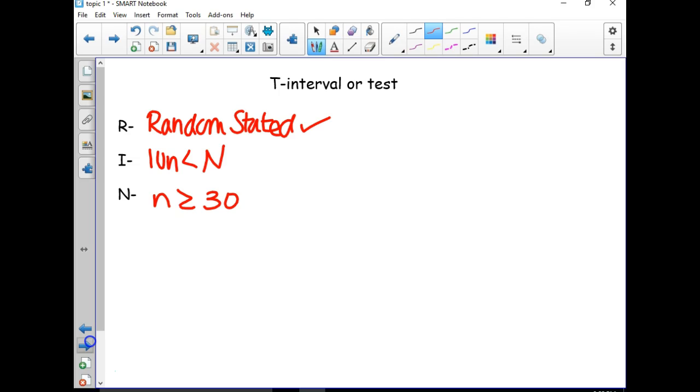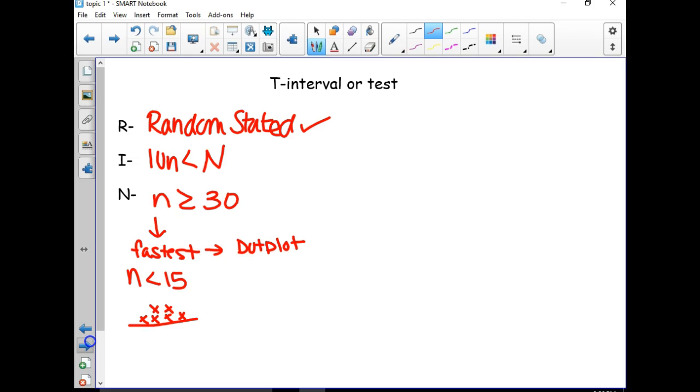Yeah, I think the fastest thing to do is to draw a dot plot. Okay, so you draw your dot plot. If N is less than 15, it needs to be pretty symmetric.